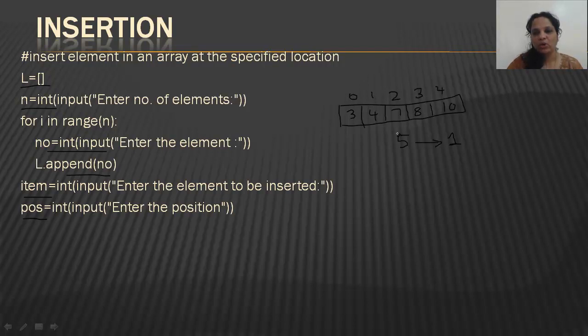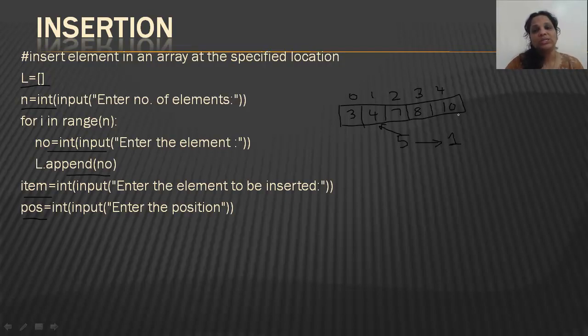So where do I want to insert it? Here. But if I insert it there, it doesn't mean I'm overwriting 4. I am inserting 5 there and 4, 7, 8, 10 all get shifted to the right. In any other programming language, what would the logic be for doing this kind of insertion?